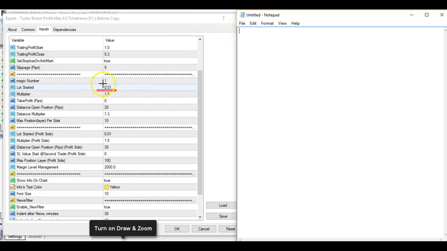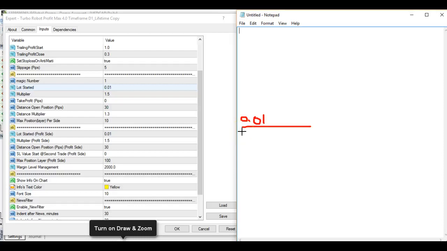Okay. So here, let's say this is your 0.01 lot, and this is a buy trade.